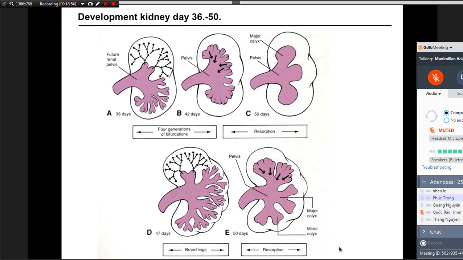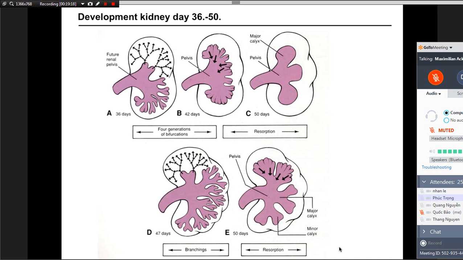Already at day 36 to 50, we have the generation of bifurcations of the collecting tissue, the pelvis and the calyces, and then you develop more and more branching points and resorption, and then you have your final kidney.